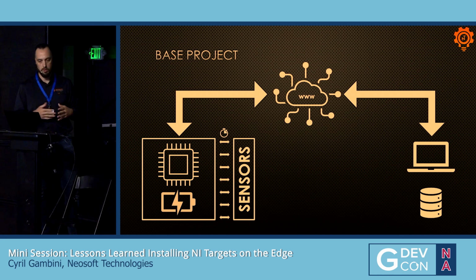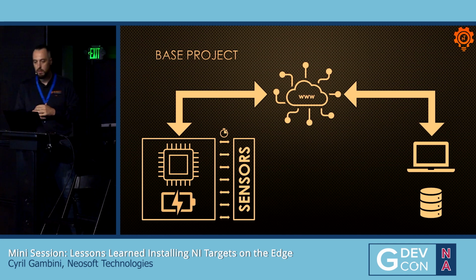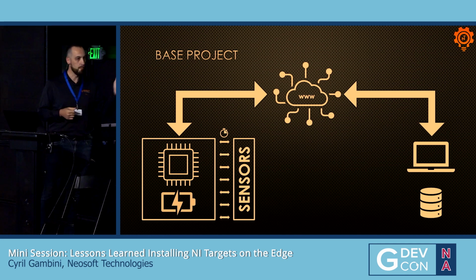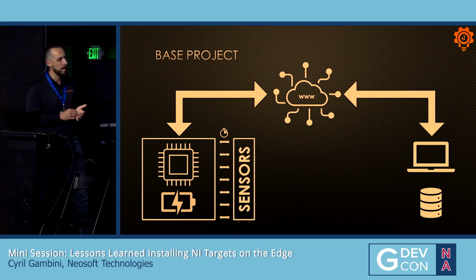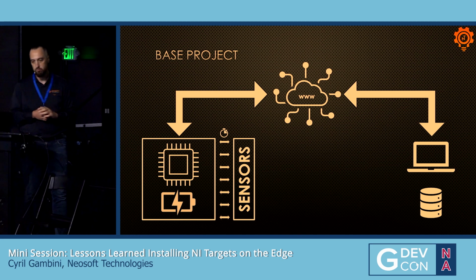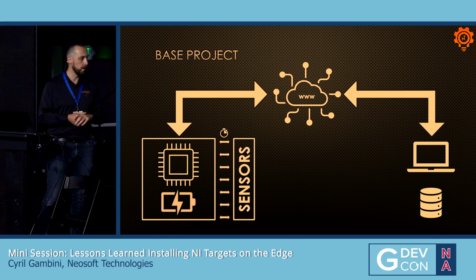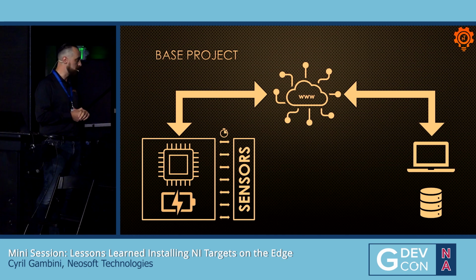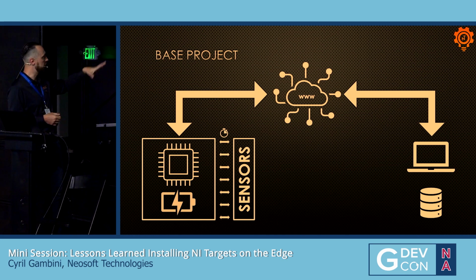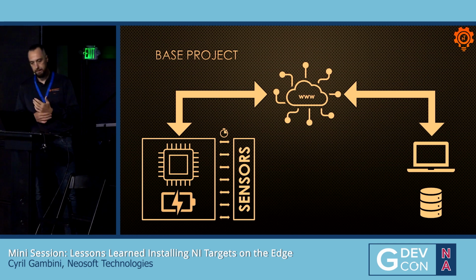Every 10 minutes we were gathering data, making some calculation and pushing that data over the internet back to a server. The server was doing a lot of things, like saving data into databases. But the part of the project that interests us today is the part on the left: everything related to the target, battery, sensors, connection to the internet.